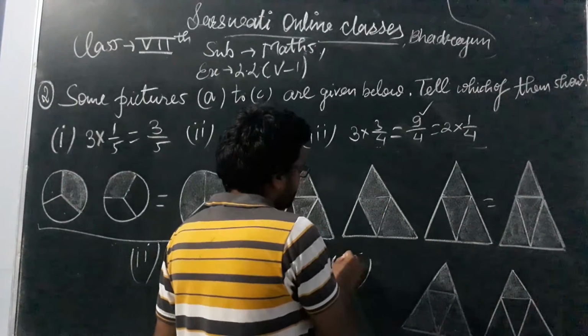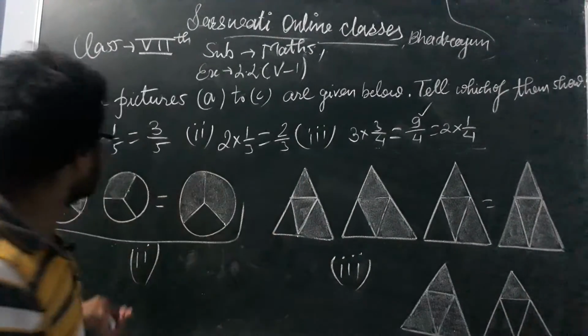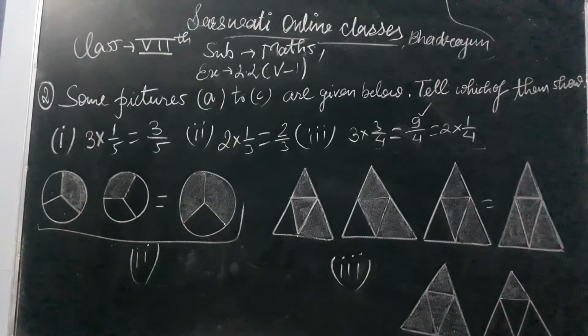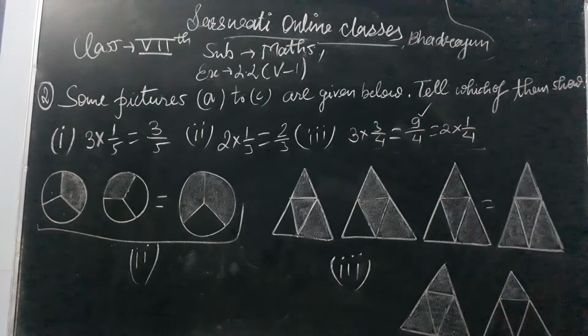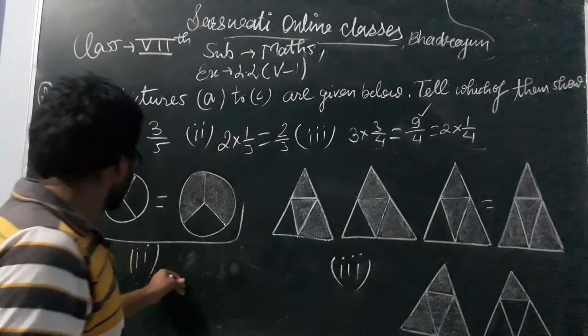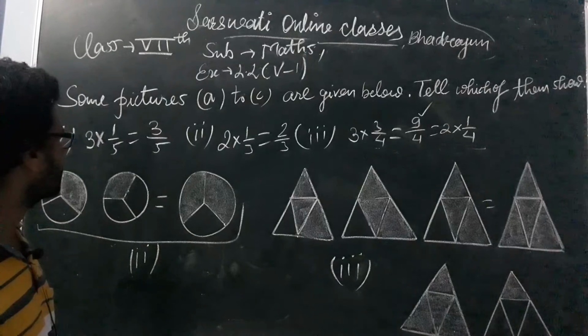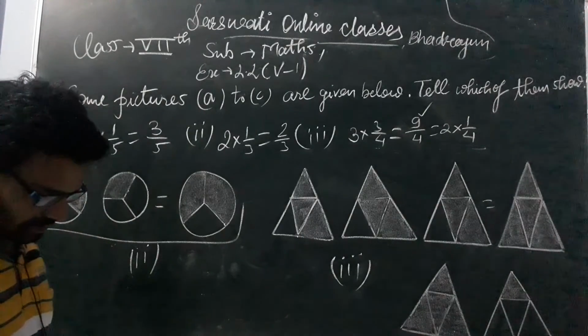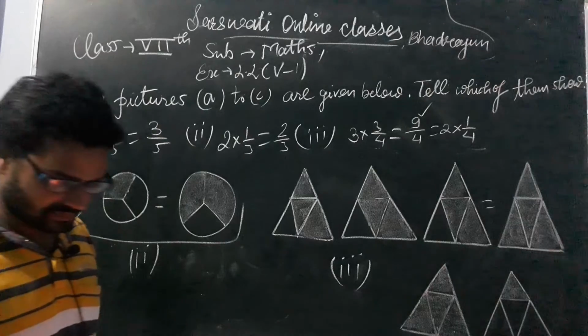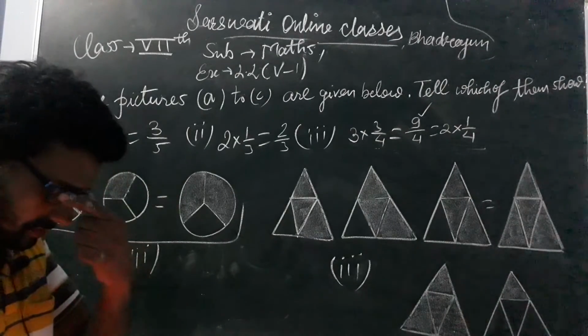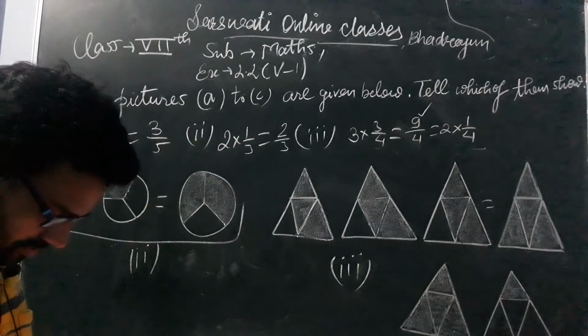I am just drawing the third picture, which will denote our part number first, which is 3 into 1 by 5, that is 3 by 5. So I am going to draw this picture, which will indicate what 3 into 1 by 5 means, 3 by 5.